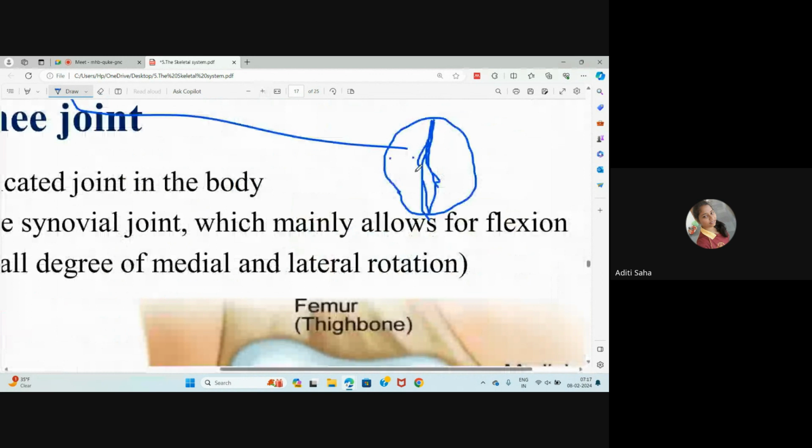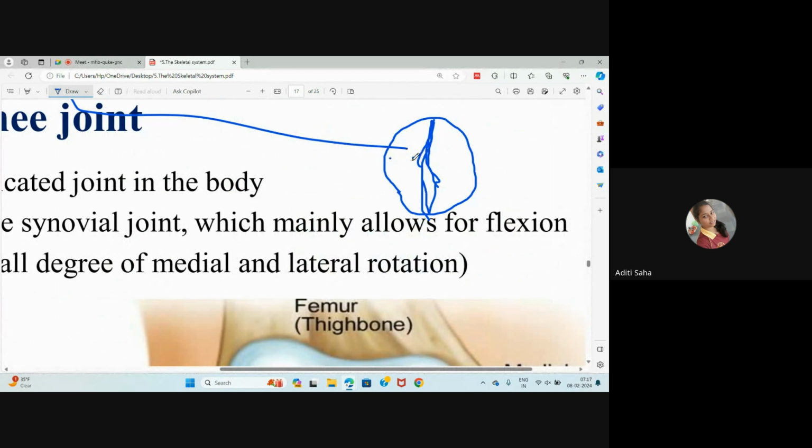Now see this figure. Here are two points, point A and point B. Point B is closer to the midline and point A is a bit away from the midline.